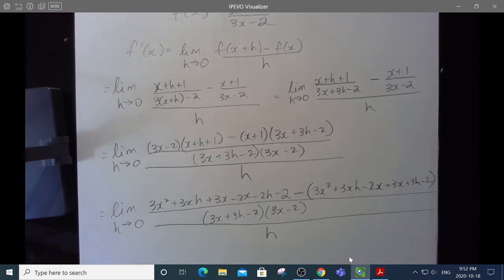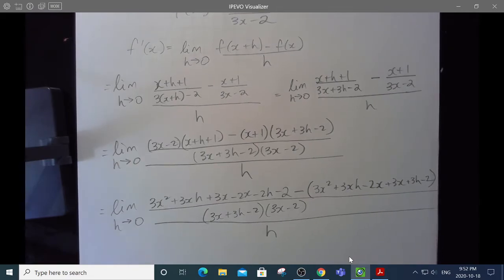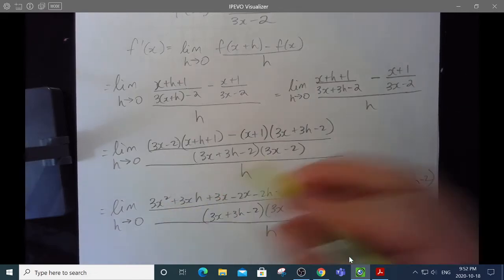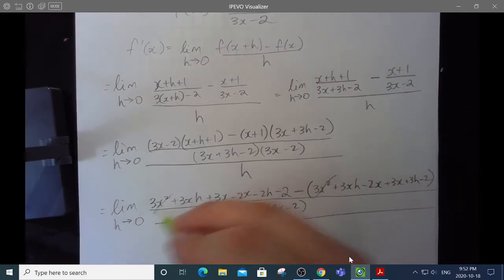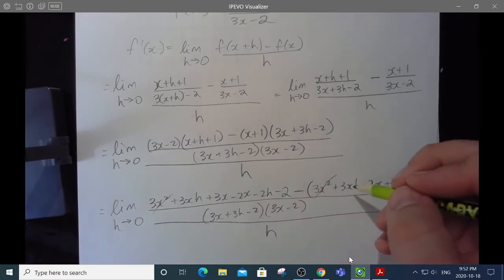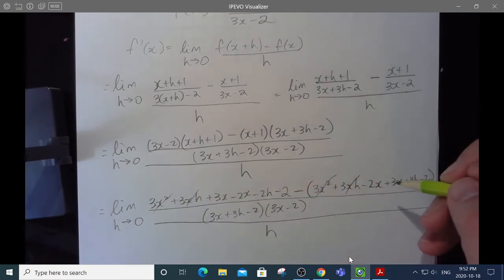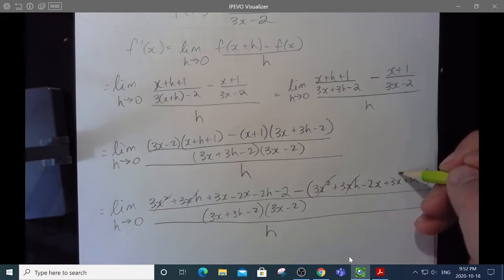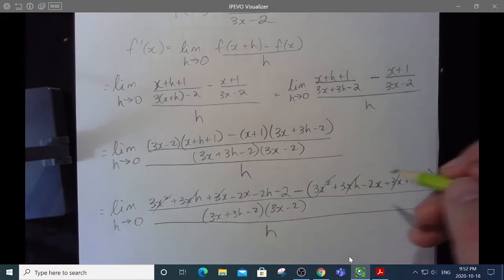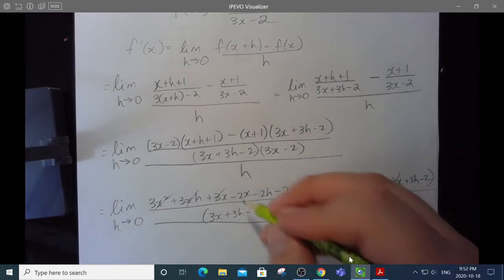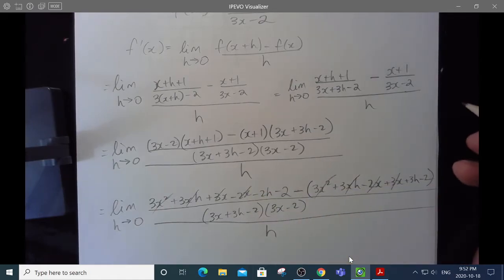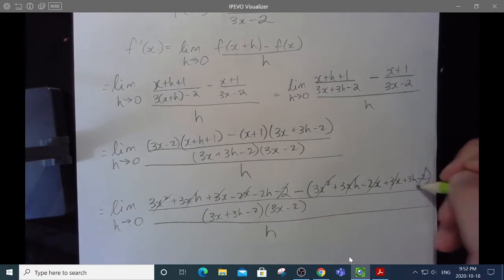Well, I don't know if you've noticed or not, but this is actually going to look much nicer in a hurry. 3x squareds minus 3x squareds, bye-bye. 3xh's minus 3xh's, bye-bye. 3x's minus 3x's, goodbye. Negative 2x's minus negative 2x's, bye-bye. Negative 2 and minus negative 2, bye-bye.